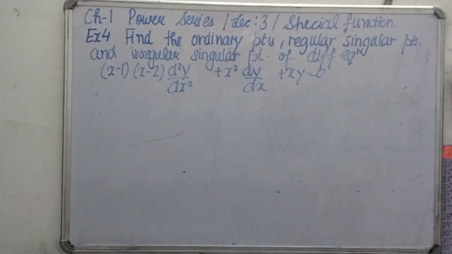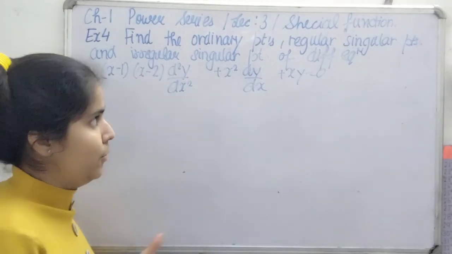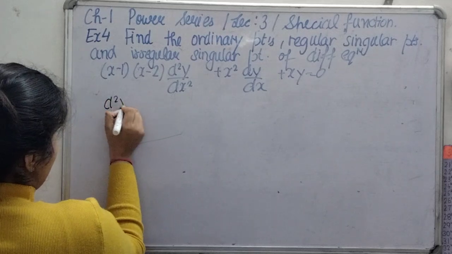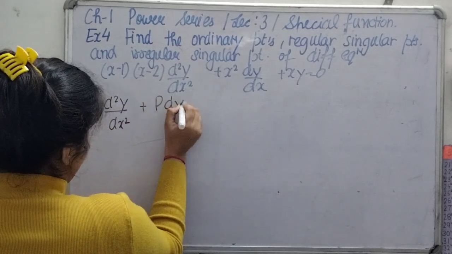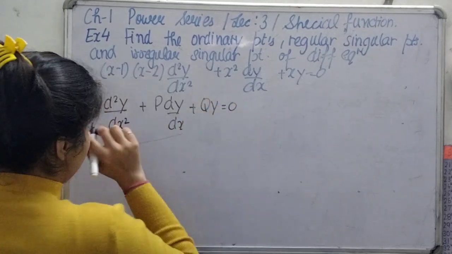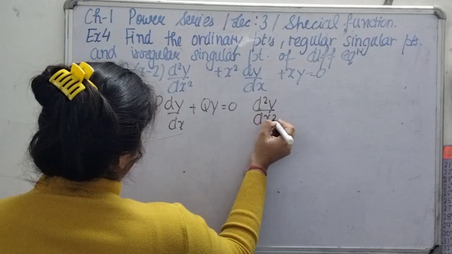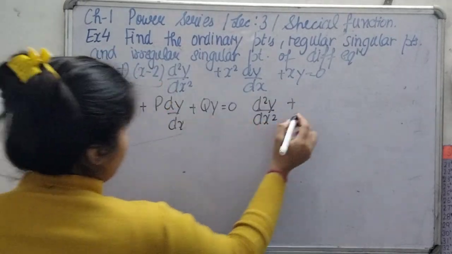Now let us see example number 4. This is quite a different question, in which you have to find the ordinary point and the singular points yourself. That will be a difficult task for you. So first let us compare the given equation with d square y by dx square plus p dy by dx plus qy is equal to 0. We will divide the equation by x minus 1 and x minus 2.